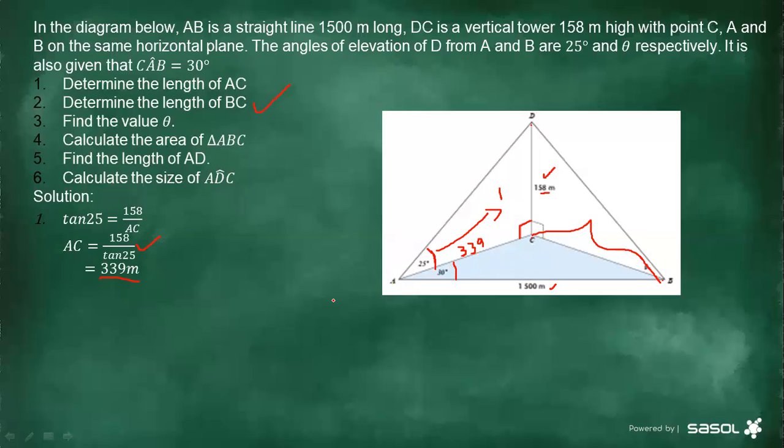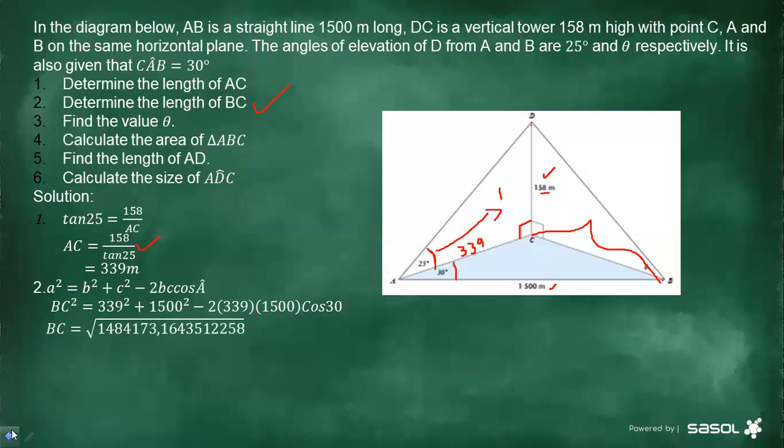Then obviously we're going to use the cosine rule. After that, you just substitute the values and press your calculator. Remember what I said about after pressing the calculator: you don't round off, you write those numbers the way they are from the calculator.